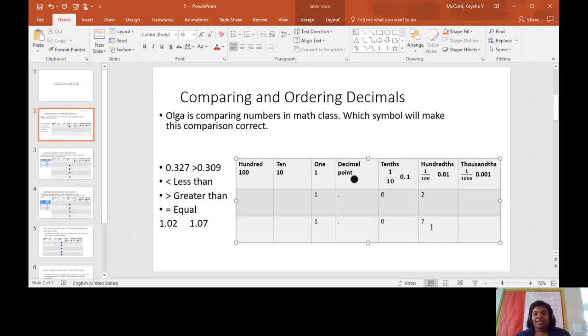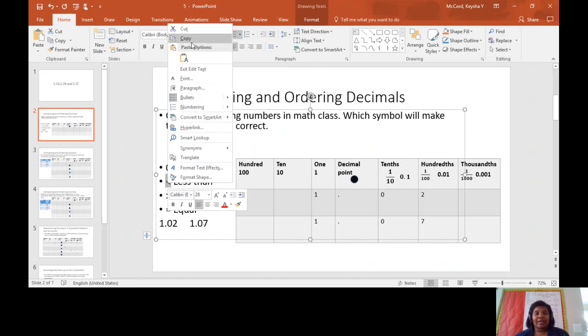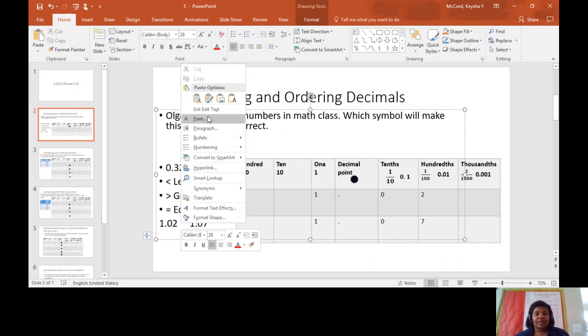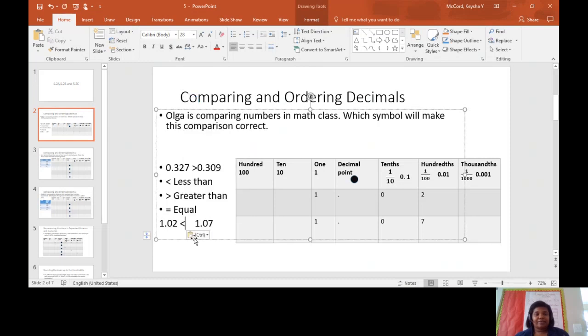So I have 2 and 7. I have 2 hundredths, and then I have 7 hundredths. Well, I know 2 is less than 7. So that means 1 and 2 hundredths is going to be less than 1 and 7 hundredths. So I'm going to put my less than sign right here.